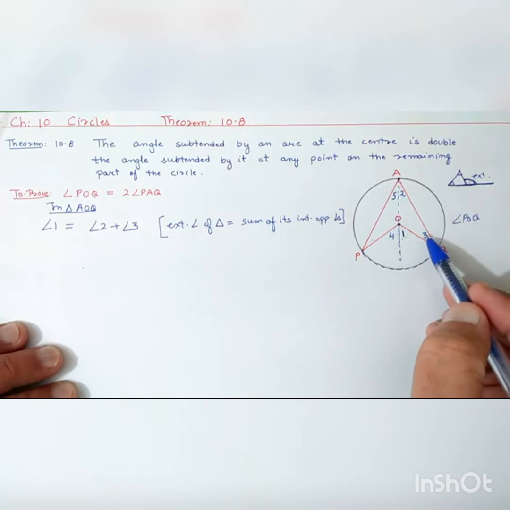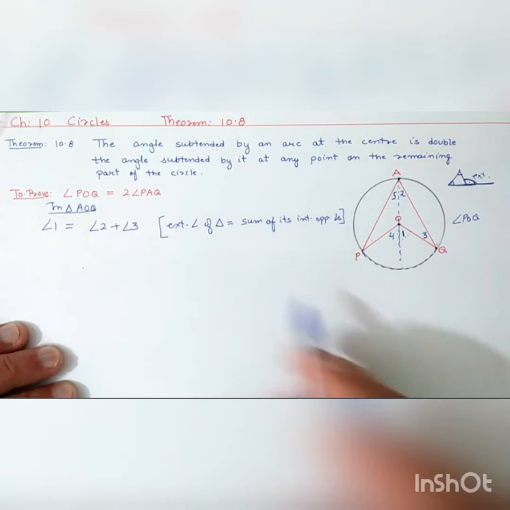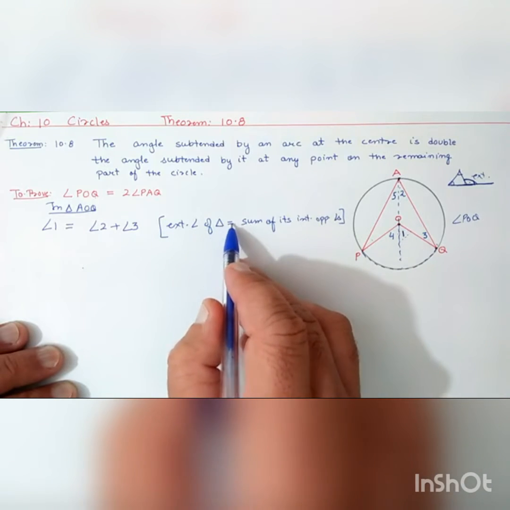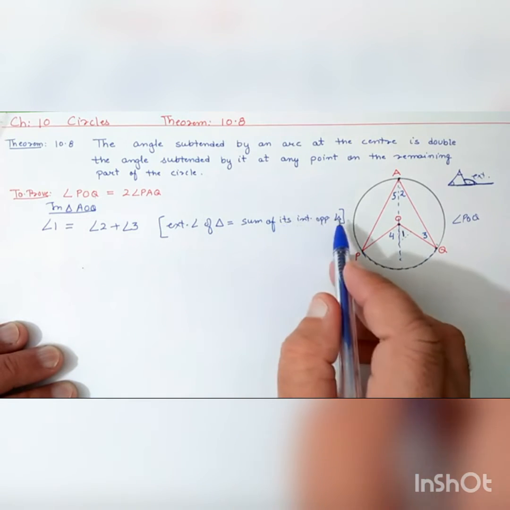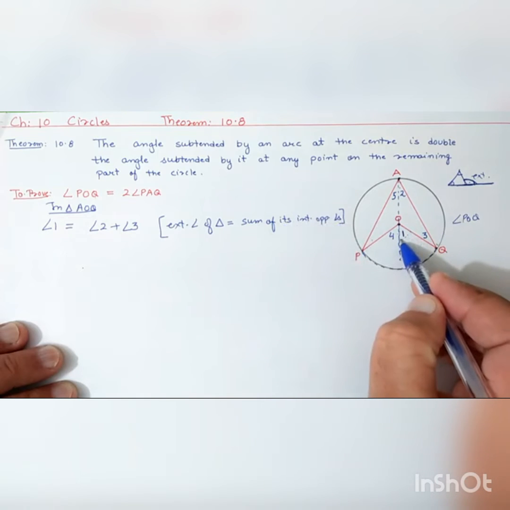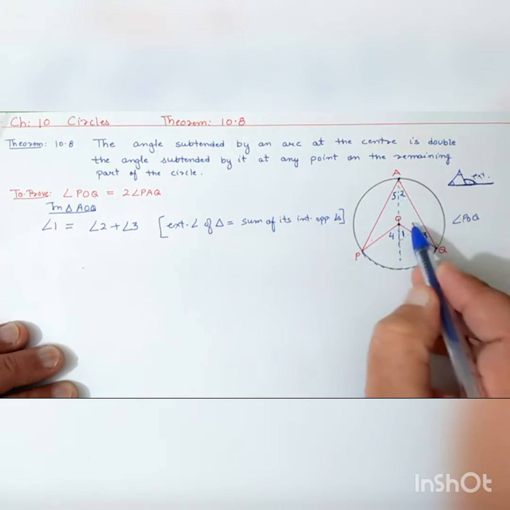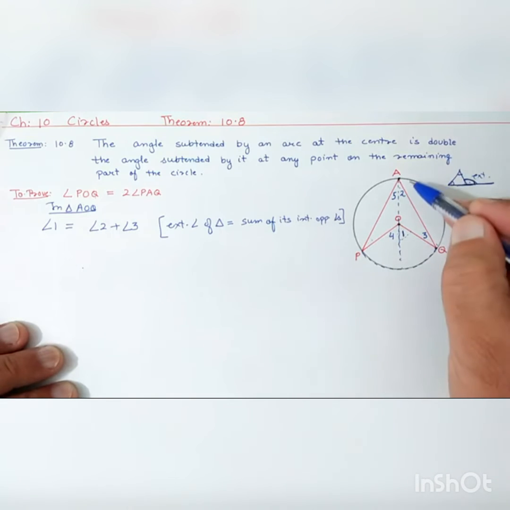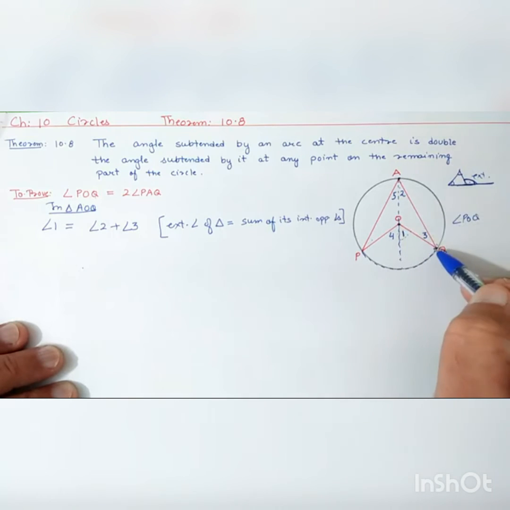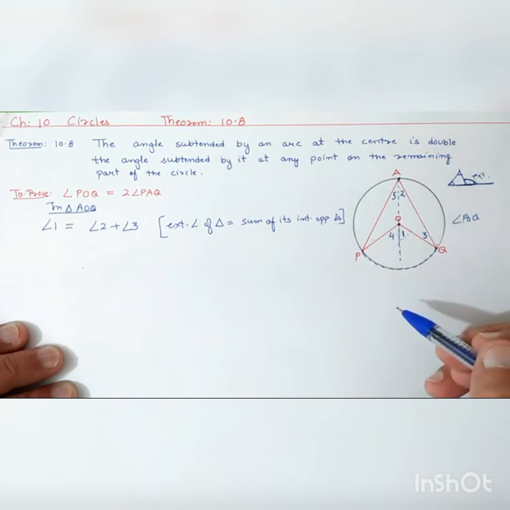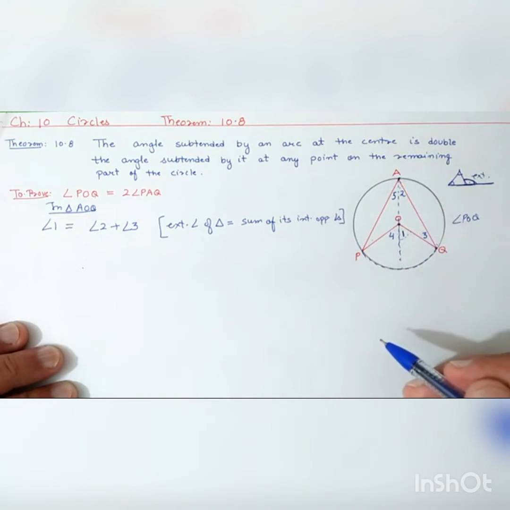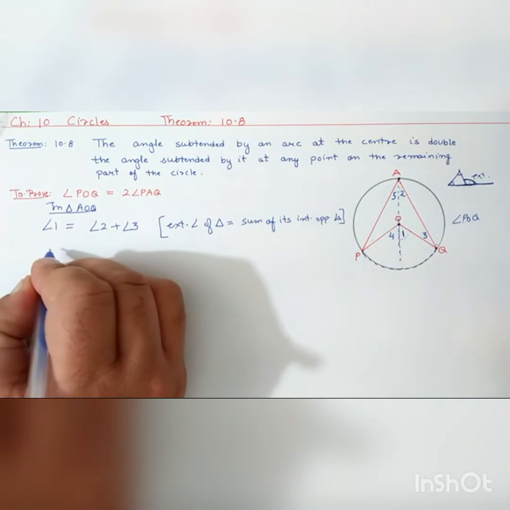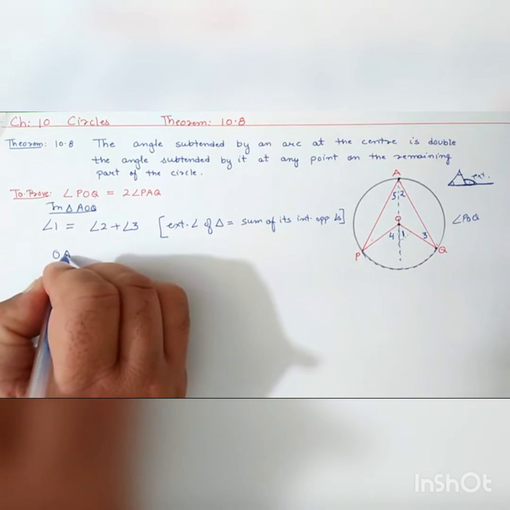Because of the exterior angle property of a triangle. It states that the outside angle, that is the exterior angle, is equal to the sum of the two interior opposite angles. So angle 1 is equal to angle 2 plus 3. We have written that, and I am also showing you angle 1, 2, 3, their position, and the property is written.